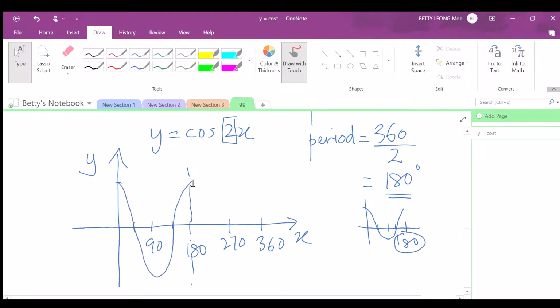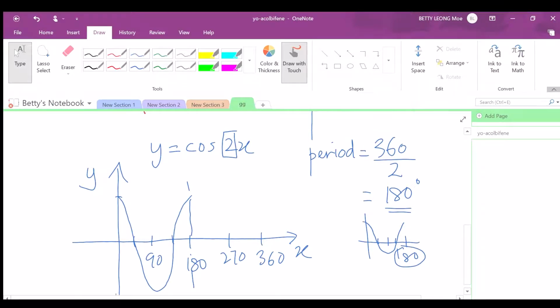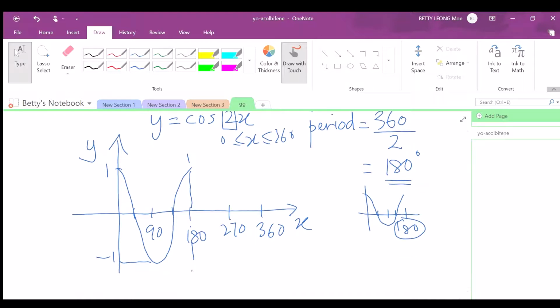This is 1, this is 1, and this is negative 1. Because we want to complete the graph, because x is between 0 to 360, we continue the graph. So it will be like this. This is your 360.